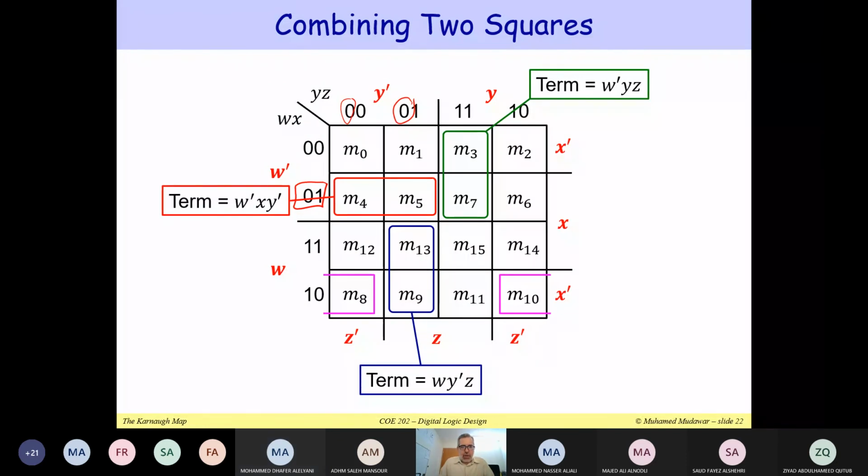How about these 2 which are on the boundary, on the corners? W, X prime, and Z prime. It's not Y prime, it's actually Z prime. Okay, make sure you don't make this mistake. What is common is actually Z equal to 0.